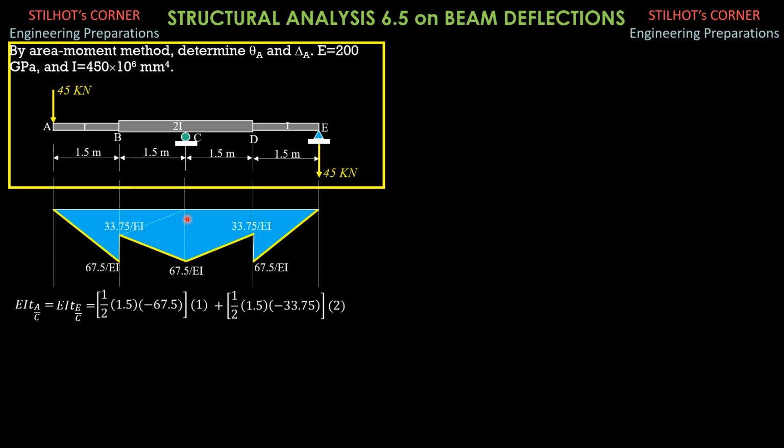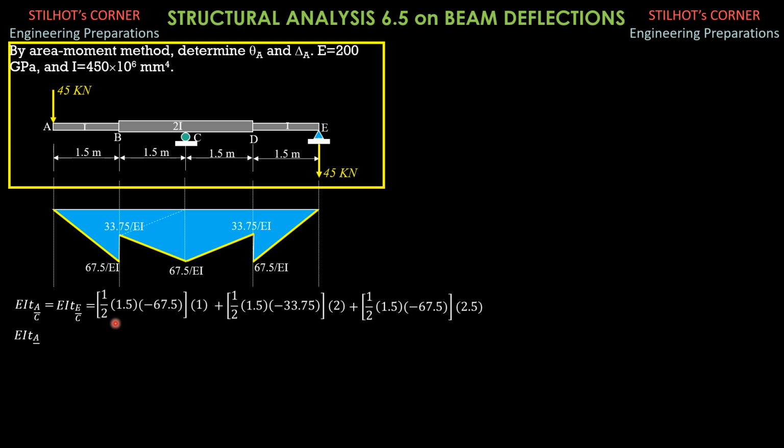Then lastly, for this area here, 1/2 of 1.5 times negative 67.5, moment arm is 2.5, where 2.5 is 2/3 of 1.5 plus 1.5, so 2.5.